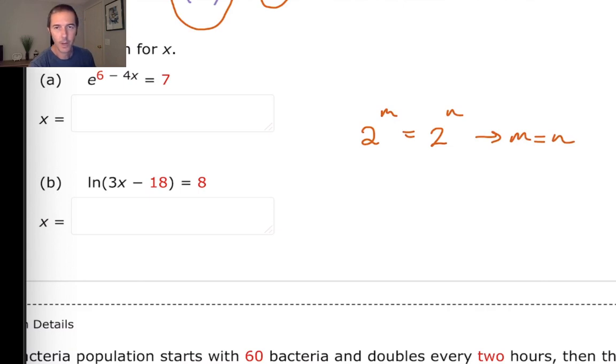That same thought process is what we're going to use, but in reverse. If I tell you that m is equal to n, then surely 2 to the m equals 2 to the n.